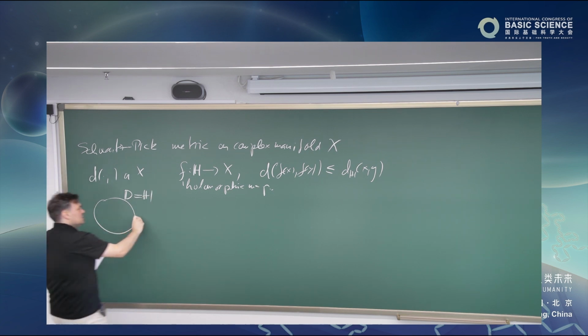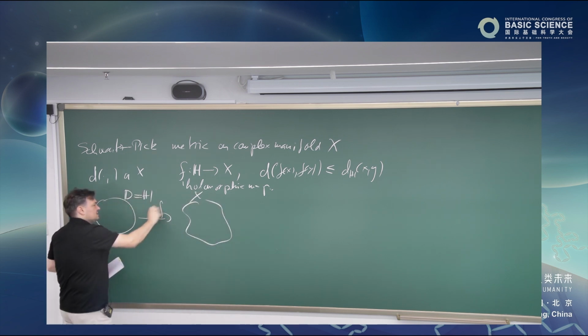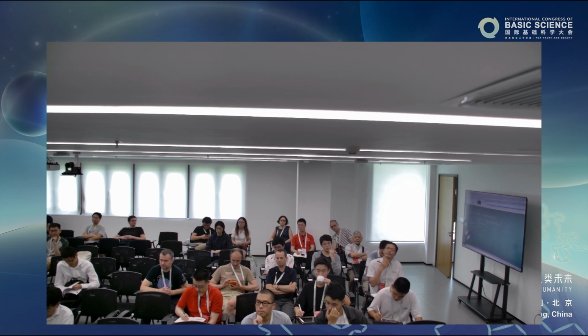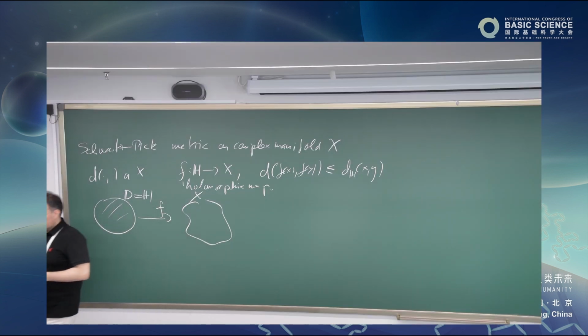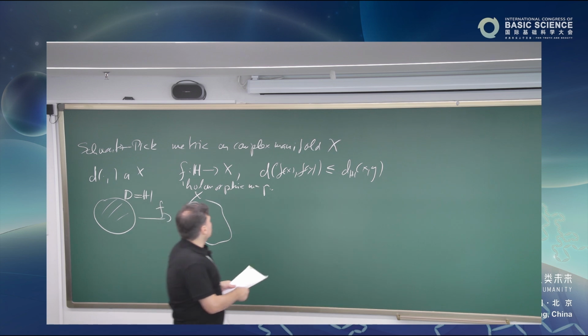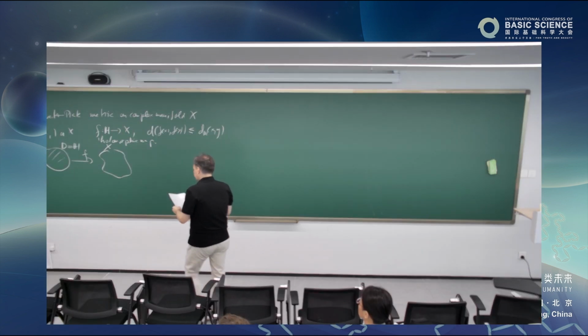Then you're mapping it into X by this map f. So you look at all the holomorphic maps of the unit disk into X, and the requirement on the metric is that it not increase under this map. And of course, a manifold may have many such metrics. In fact, they may be trivial, so that's why you really should think of them as pseudometrics.